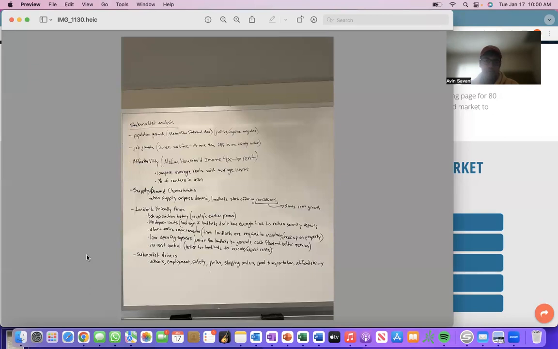And then landlord friendly areas. This is a huge one that I always take a look at. So first off, you can base that off of crime, right? Like history of crime in the area. So is it something that people want to grow a family with, right? They don't want to invest in a sketchy area or a suspicious area where there's a higher risk of crime.